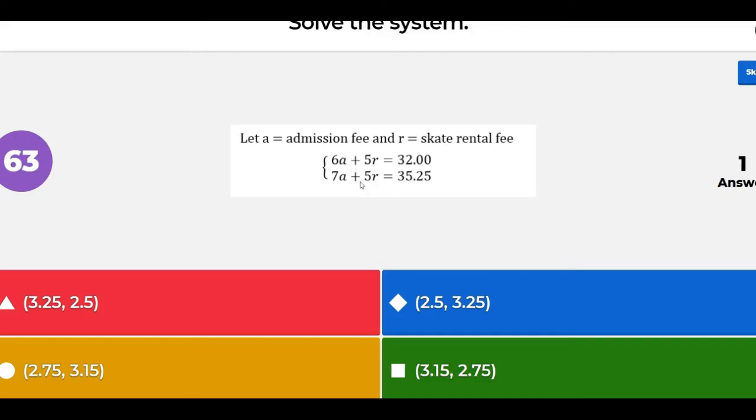In this problem set, I have that 5r stacked on a 5r. Please use elimination. If you want to rearrange them and subtract the top from the bottom, so you have 7a minus 6a, to get a positive a, that's fine too. But if I see two equations stacked like this and the first or second variables match, use elimination.